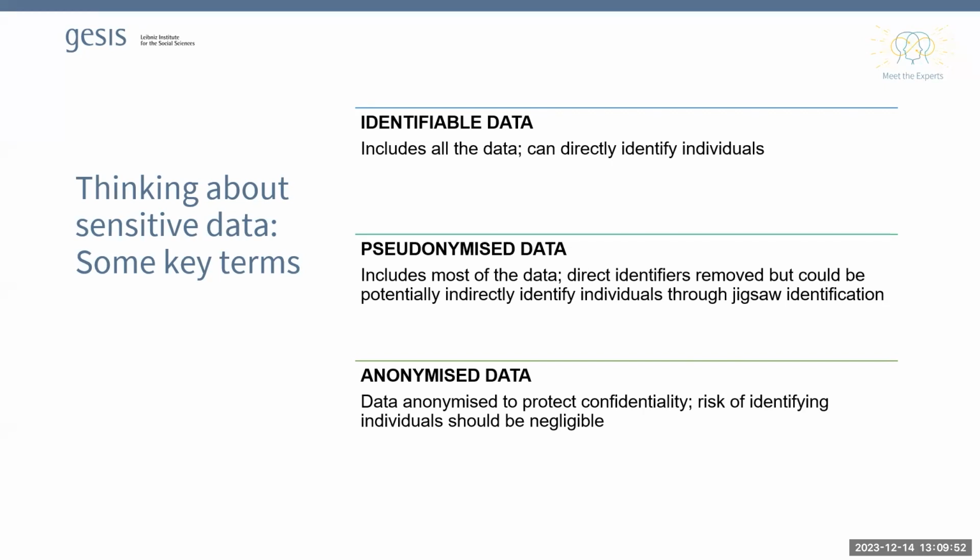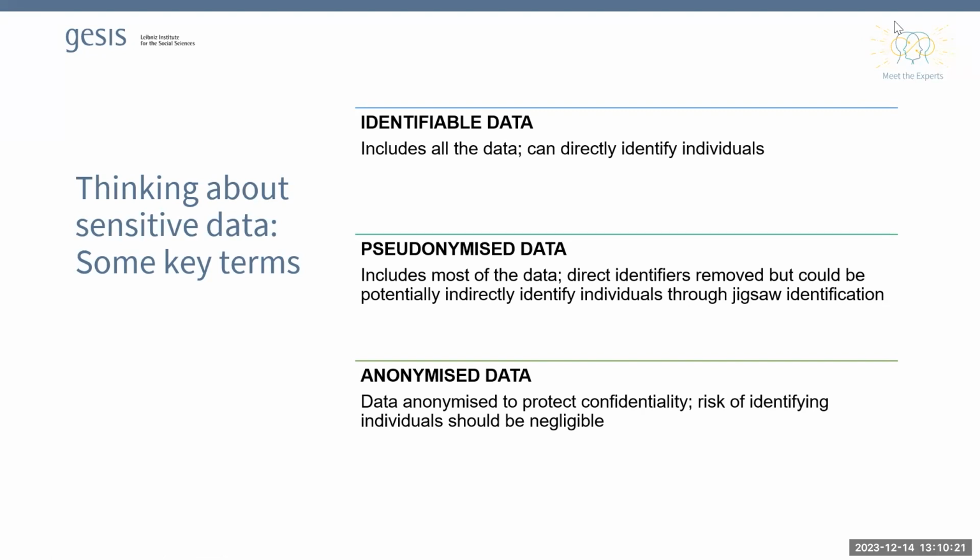So what we've seen in recent decades is this move towards pseudonymized or factually anonymized data. And these are data sets which still contain most of the data. Really what we've done is we've stripped out all of these direct identifiers, but we know that there is sufficient information in there to still potentially indirectly identify somebody.